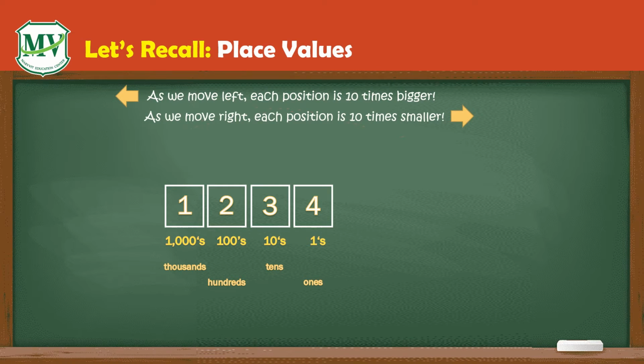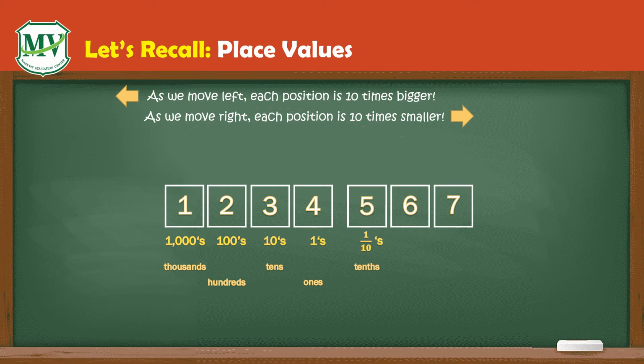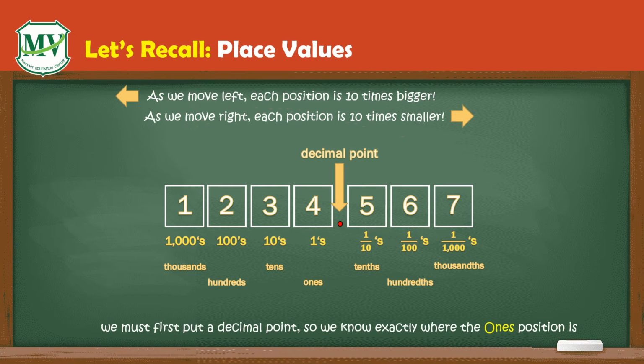As we move right, each position is 10 times smaller. Do you know the place value smaller than ones? It is tenths, hundredths, thousandths. Remember that we must first put a decimal point so we know exactly where the ones position is.